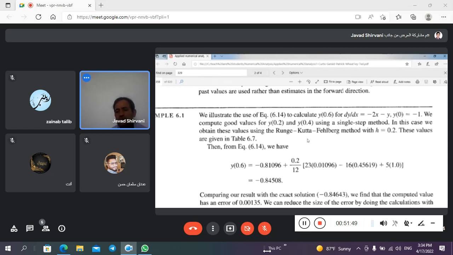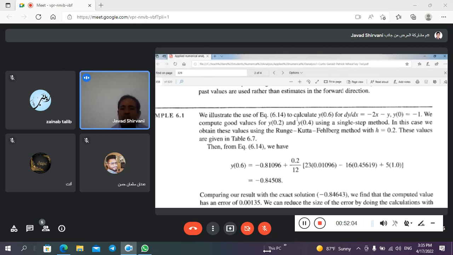We studied different single step methods: Euler, modified Euler, midpoint, Runge-Kutta, and Runge-Kutta-Fehlberg.